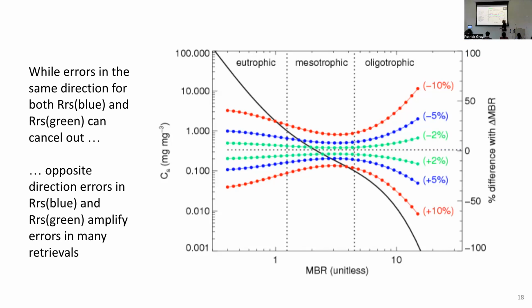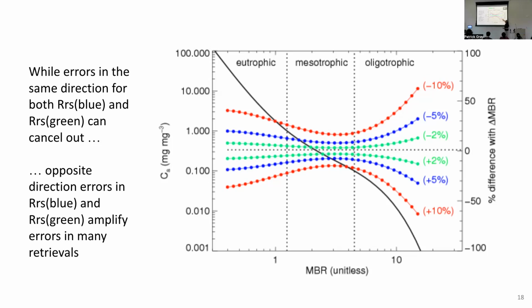So in this case, and I know this is a really, really hard thing to read. Band ratio on the bottom, chlorophyll over here. This is one of the polynomials. Just to give you some kind of sense of that. If you have errors that are roughly in the same direction, say plus or minus 2%, the difference between a perfect entry and kind of an off one isn't really that big, and that's the green lines here.